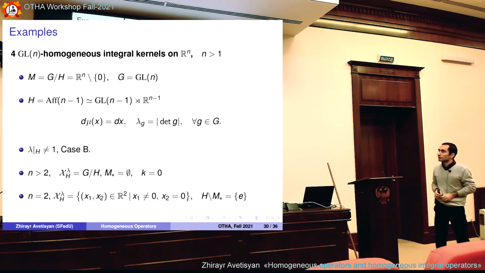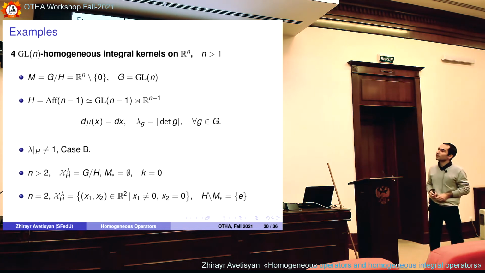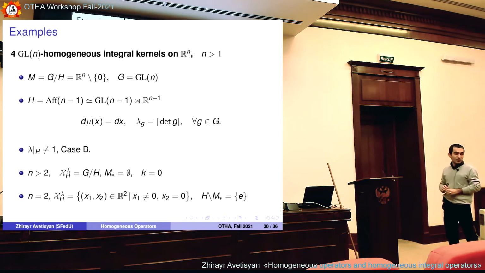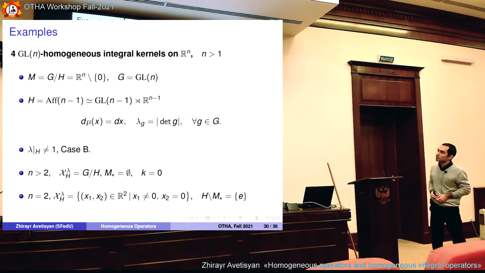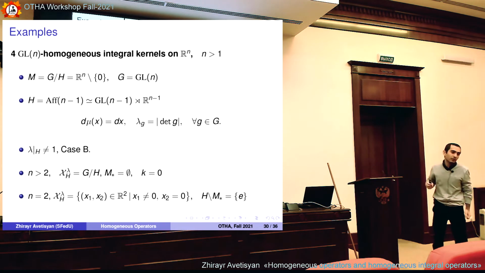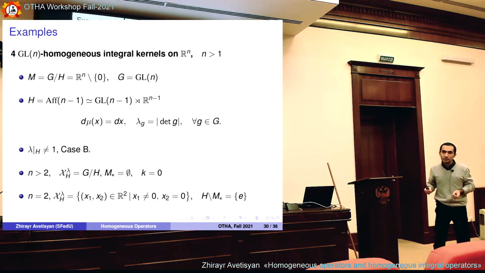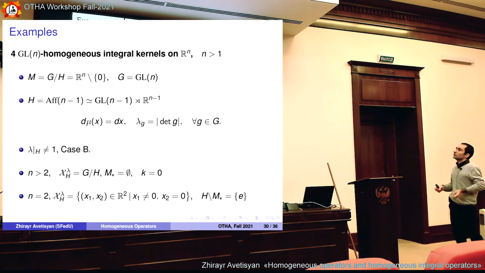The stabilizer subgroup is the affine group in n-1, which is basically that semi-direct product written over there. You have Lebesgue measure, and your character is nothing else but the absolute value of the determinant of the matrix, right? Now, obviously, looking at H and looking at lambda, you see that it's not true that lambda is trivial on H. So you are properly in case B. You know you won't be able to use convolutions. You expect singular kernels.